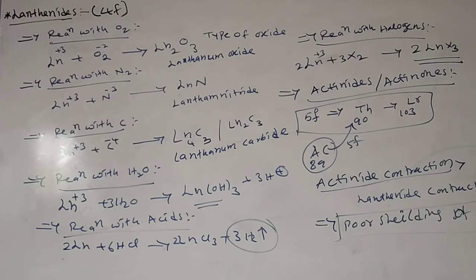After that, chemical properties of lanthanides and cerium: what is the stable oxidation state of cerium and why. Transition elements: color properties, catalytic properties, complex formation properties, and why they form different types of specific properties. Reasons are there. I explained all those in previous videos.